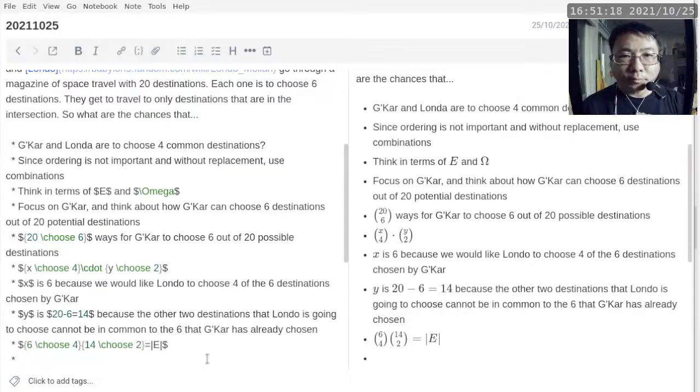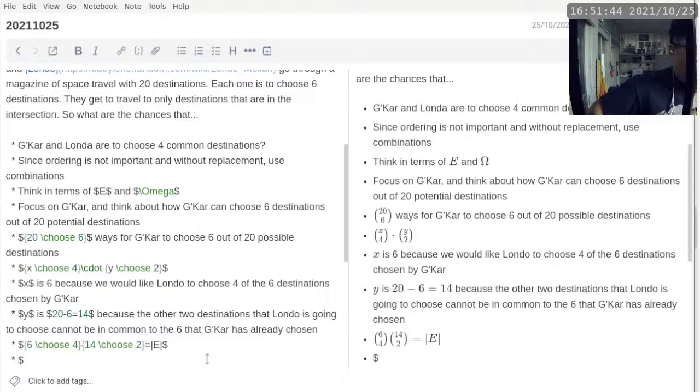In other words, omega is representing all the possibilities, but all the possibilities simply means we don't really care what Jakar has chosen. Londo just gets to choose whatever he wants. And that's going to be not squared.